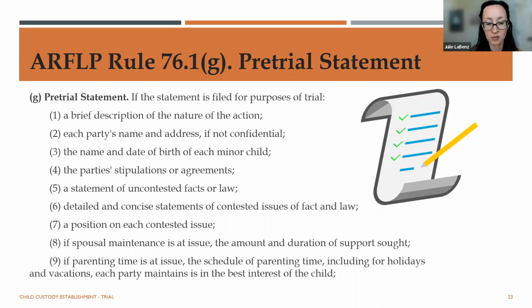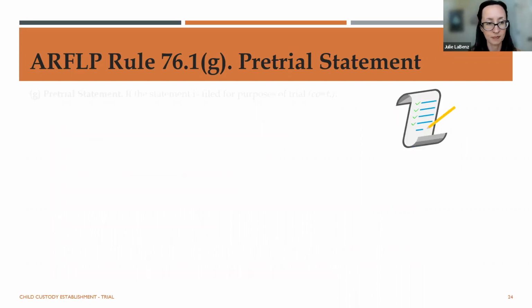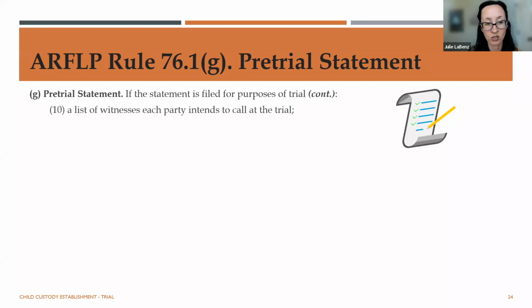So if parenting time is at issue, then your proposed parenting time schedule, including what you want the court to order for holidays and vacations, and why your parenting time schedule is in the best interest of the child. And then your list of witnesses you intend to call at trial.